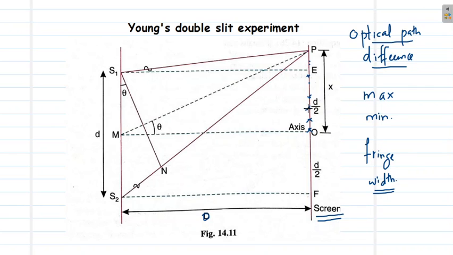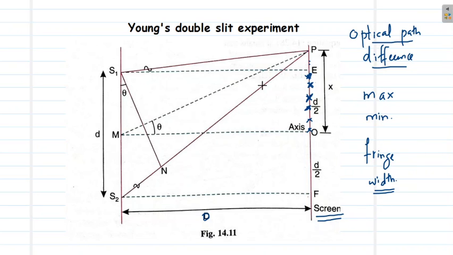In certain points we will have constructive interference, meaning brightness. In certain other points we will have destructive interference, meaning darkness. So just go to the last class and refer to the conditions of maxima and minima to understand how that happens.